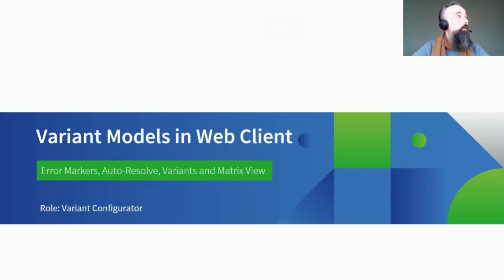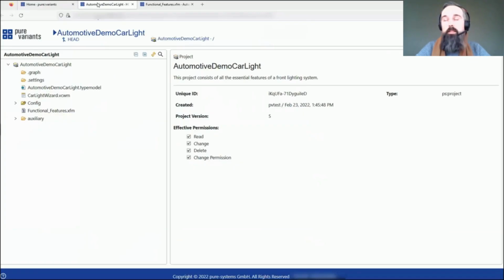I want to show you how easy it is to configure a product variant based on an existing feature model with the pure variants web client, and how we can then switch to the ELM side to see what the implications of your feature selections for that variant are for your requirements in DOORS Next. And we will then also instantiate a variant-specific stream.